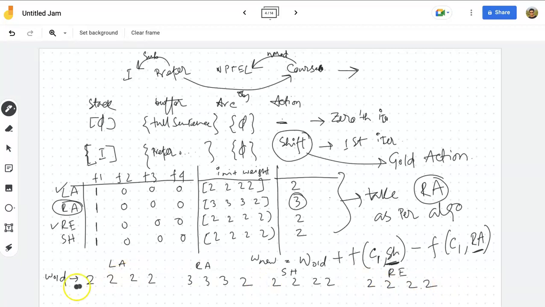Now what is this FC1 shift? So basically in the shift operation, all the other values will be 0.